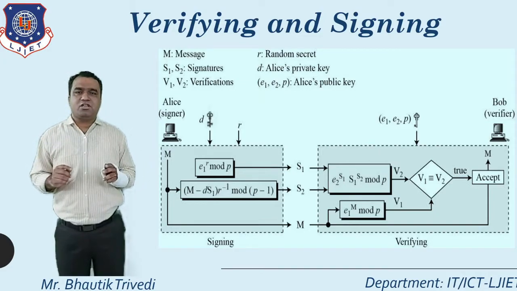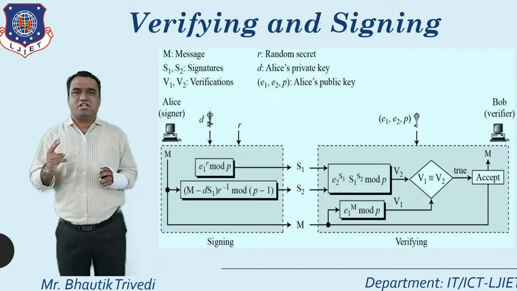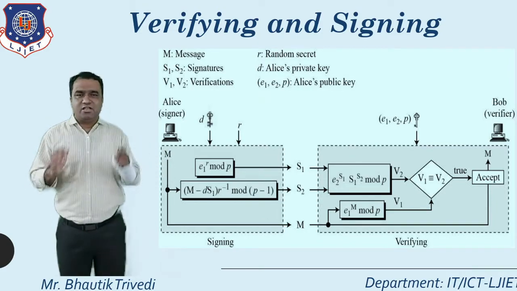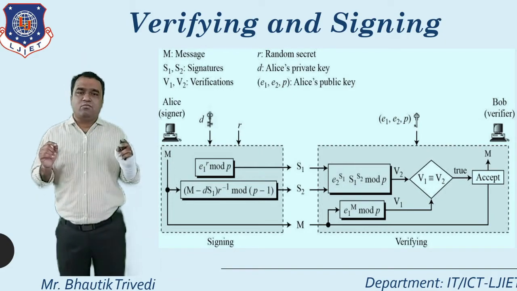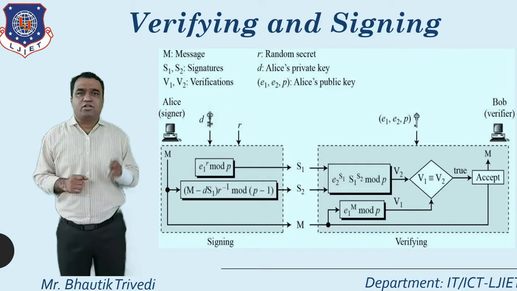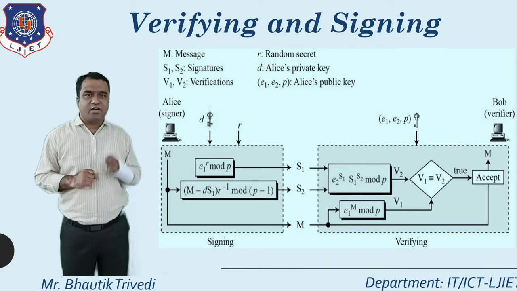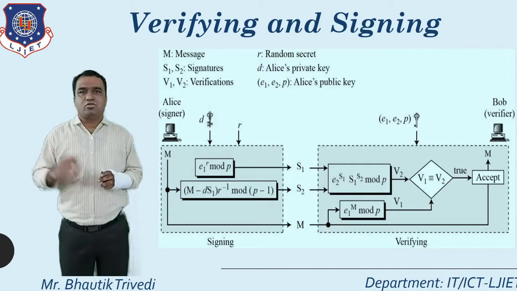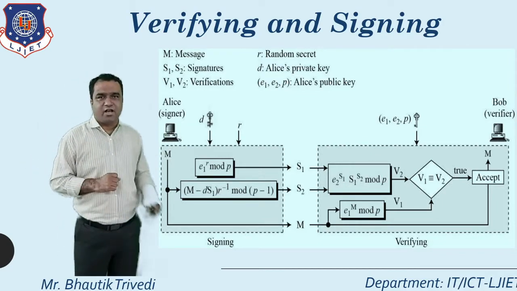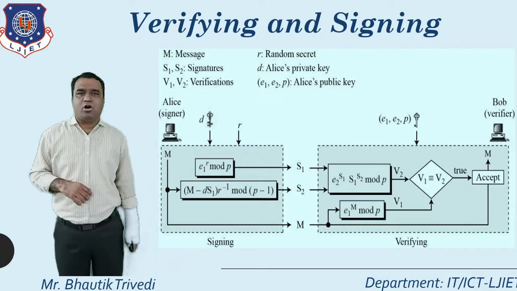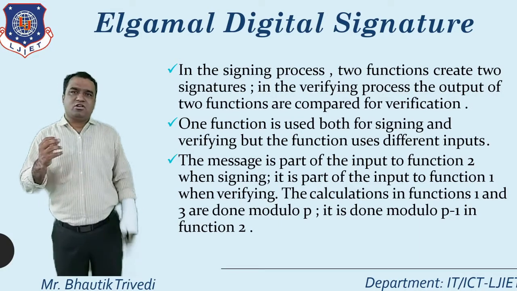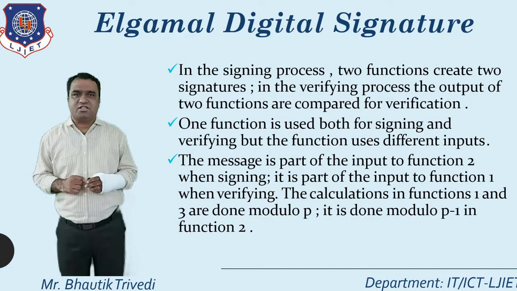Remember one thing: any digital signature passes through two phases, signing and verifying, and in this technique you must remember the formula for S1, S2, V1 and V2. Alice is the signer, and Bob is the verifier. So this is all about the concept and diagrams of the ElGamal digital signature.